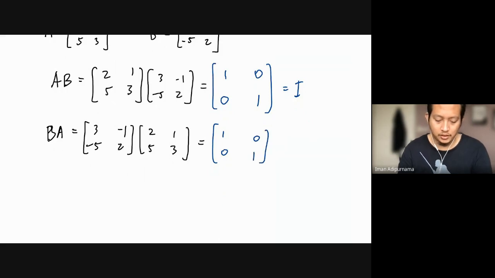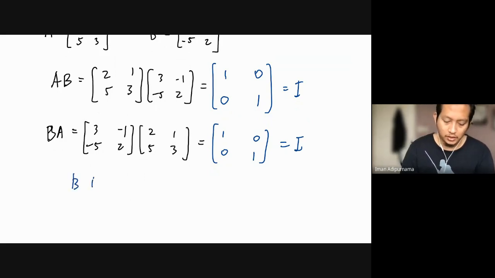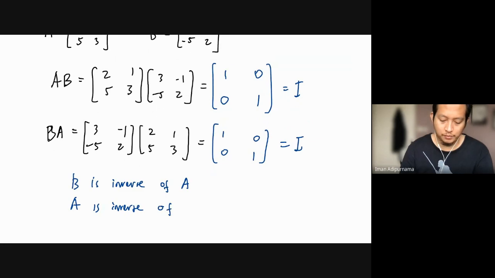If you check, negative 10 plus 10 is 0, 3 minus 3 is 0, and negative 5 plus 6 is 1. So it's also the same. So we say that B is the inverse of A, or A is the inverse of B.